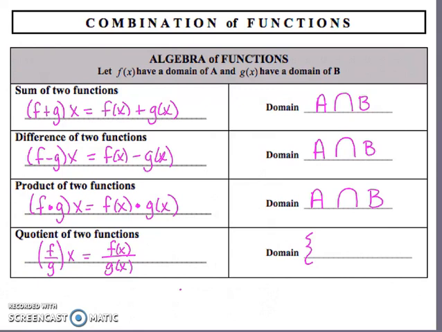We would say our domain has to be that all of our x values have to live in the intersection of A and B, but also our function g of x cannot equal 0. And we say that just so that we can prevent our denominator from becoming undefined.